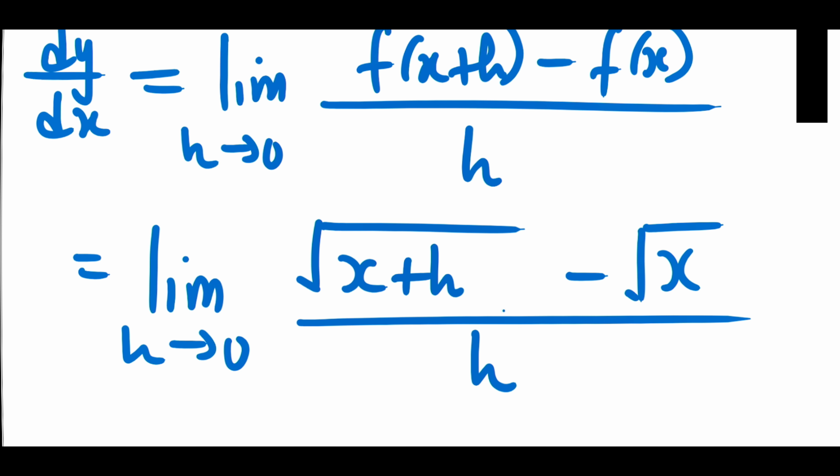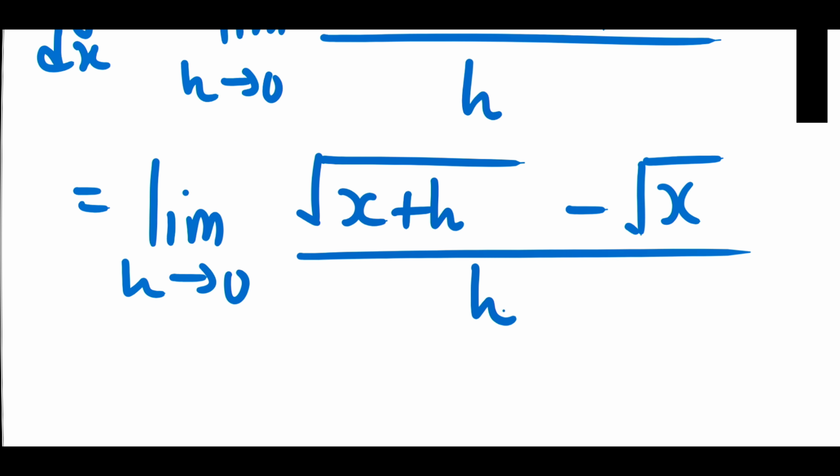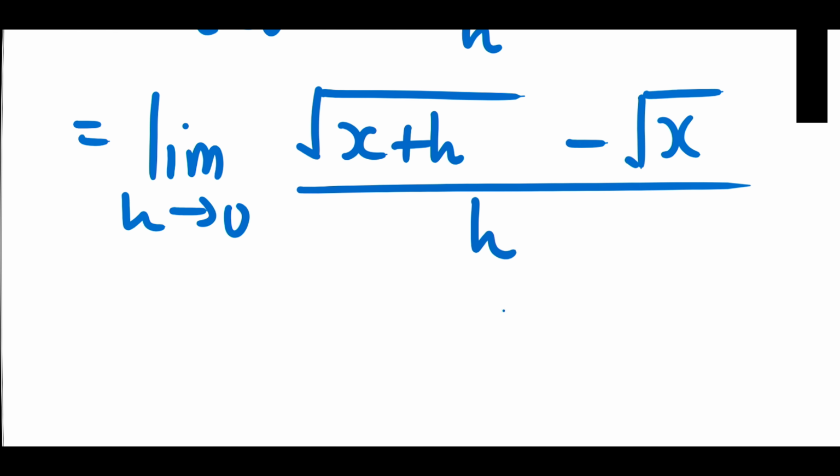Now you can see that the numerator of the fraction is made up of surds. So we need to rationalize the numerator of the fraction by multiplying through with the conjugate of the numerator.